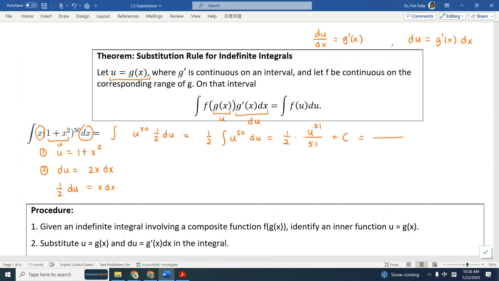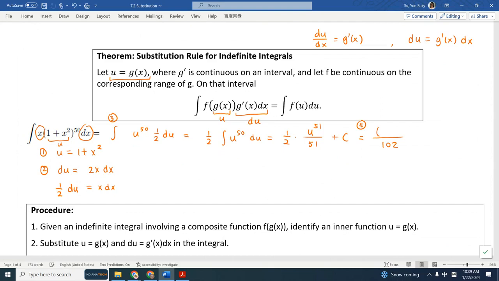Good. Let's simplify. What is 2 times 51? Yeah, 102. So step 3, you get the integral about u and then you integrate. And step 4, you put the x back.